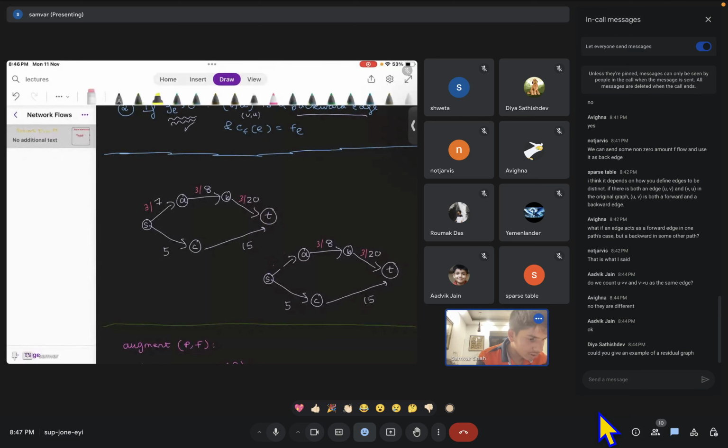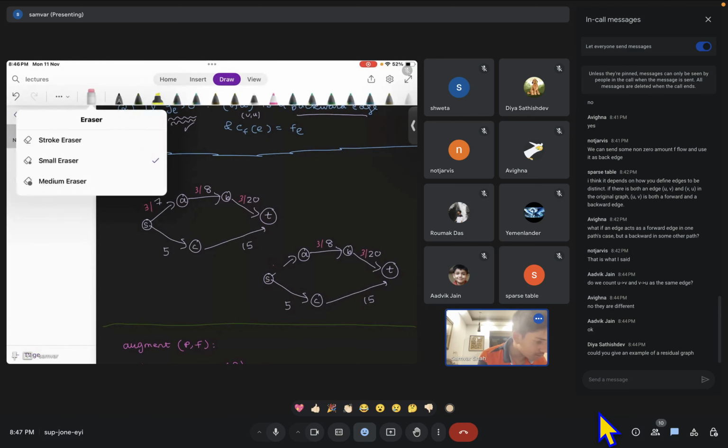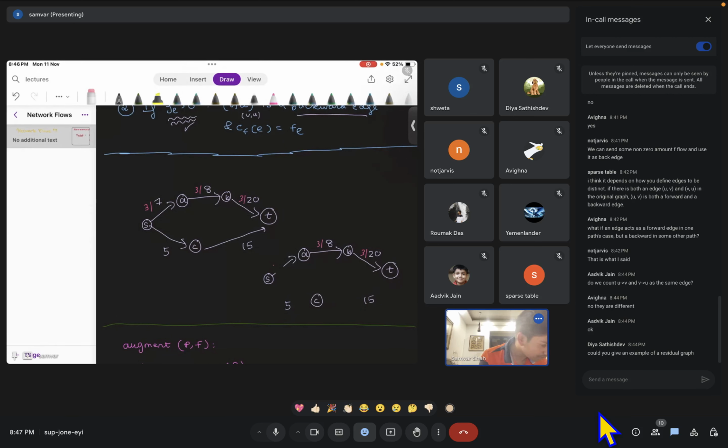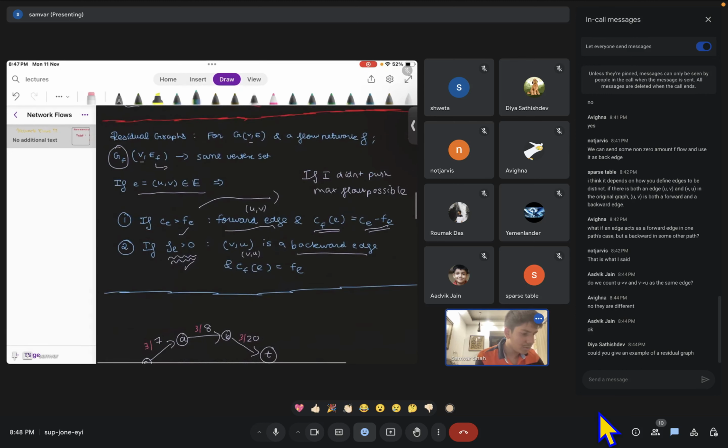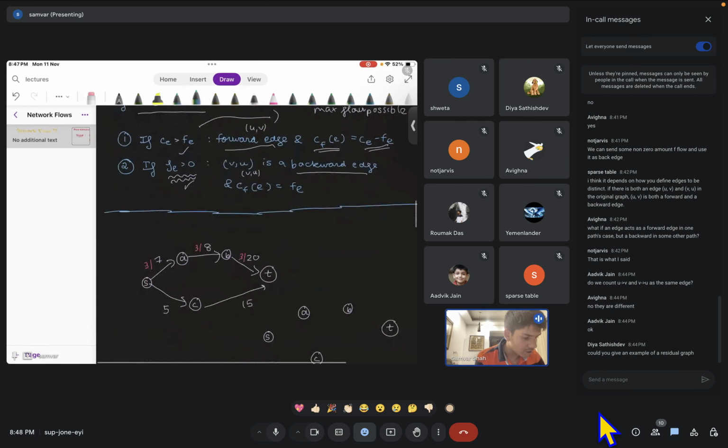Okay, I think just one sec. I think this is the one I was using. Let's follow exactly what the algorithm says. For each edge E from U to V, so okay, S to A.